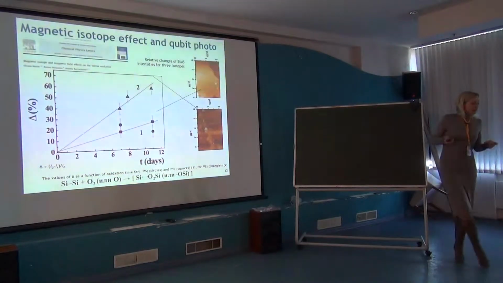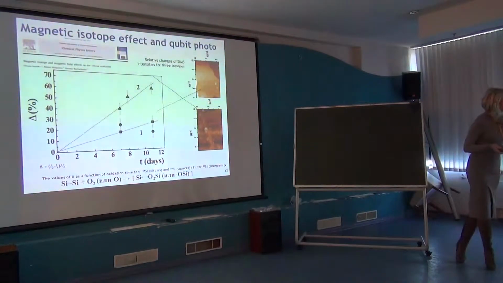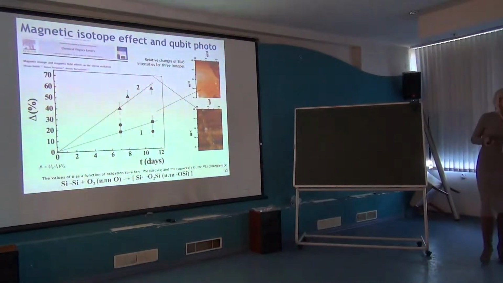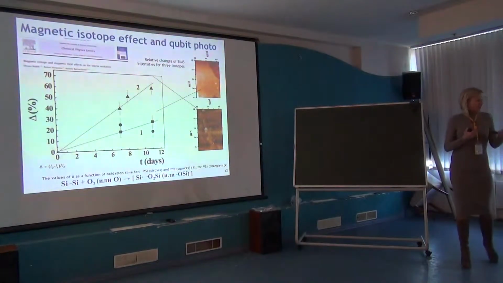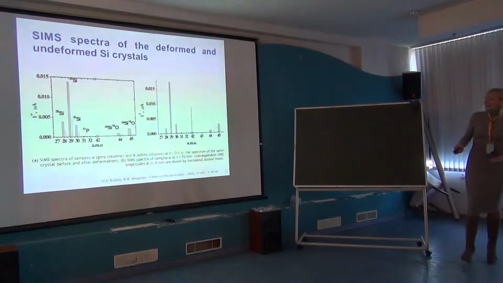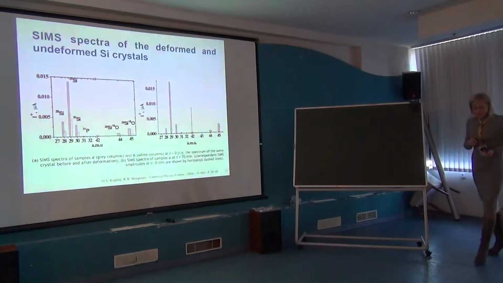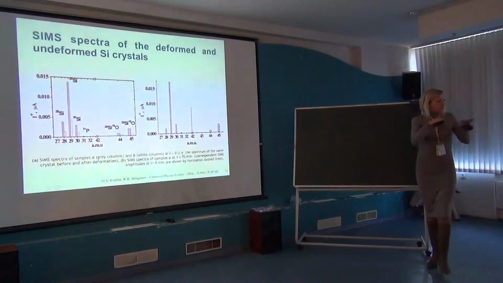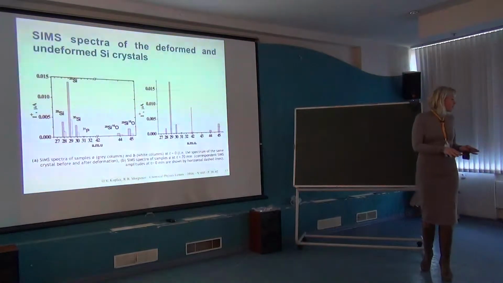And we monitored the system not just by XPS or SIMS, but by AFM technique too. So by eye, you can see whether your surface is oxidized or not, due to the hyperfine interaction. Another question was, is it just the surface, the top, or inside too?